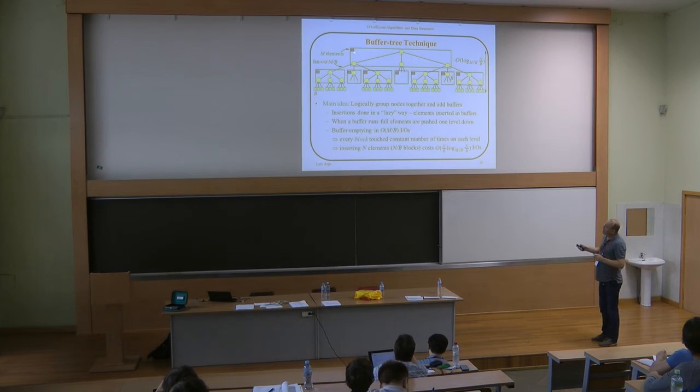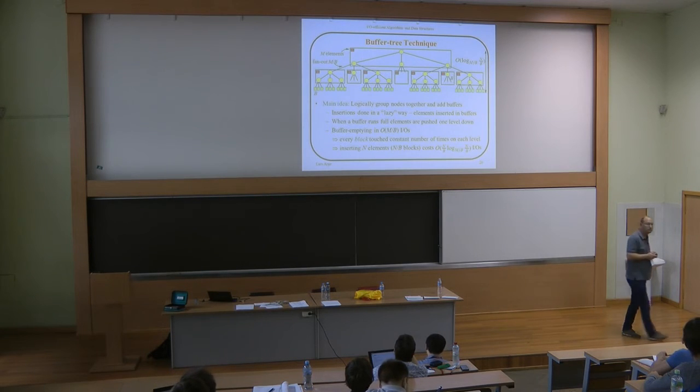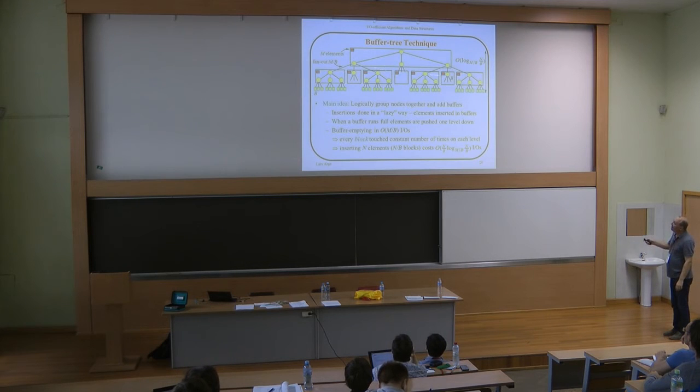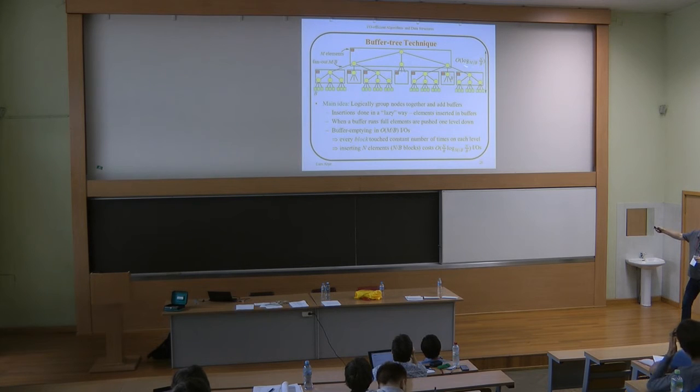And then I'm going to assign each of these blocks a buffer of size M. So I think about grouping the nodes together so that one of these mega blocks has fan out M over B. That means that the height of the mega block tree has this log we've seen before.